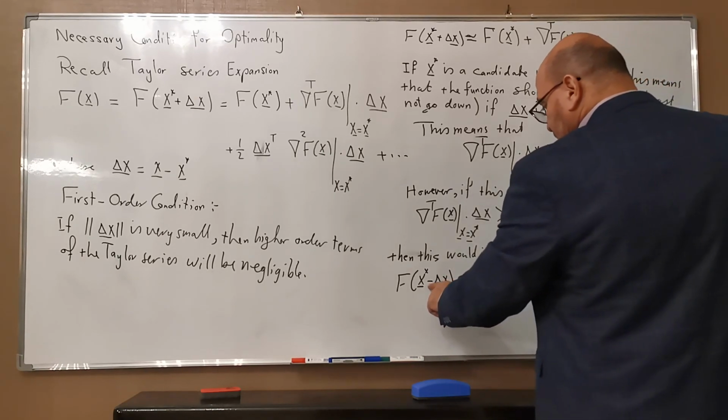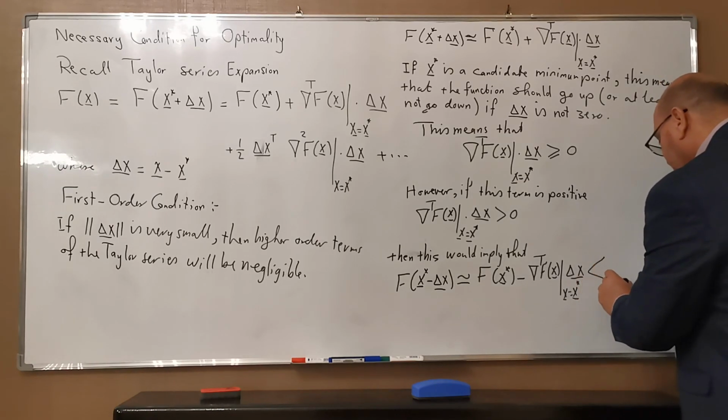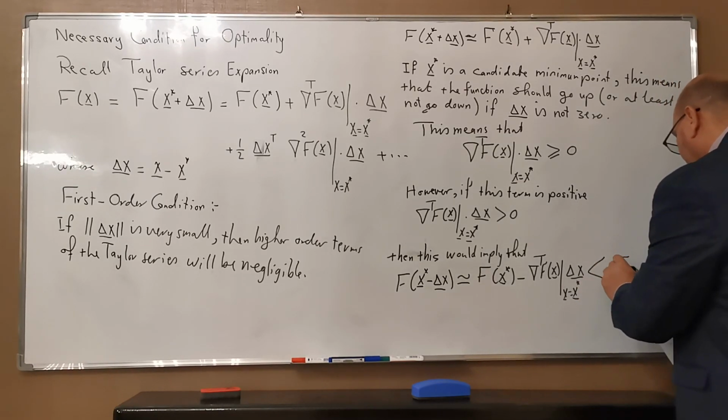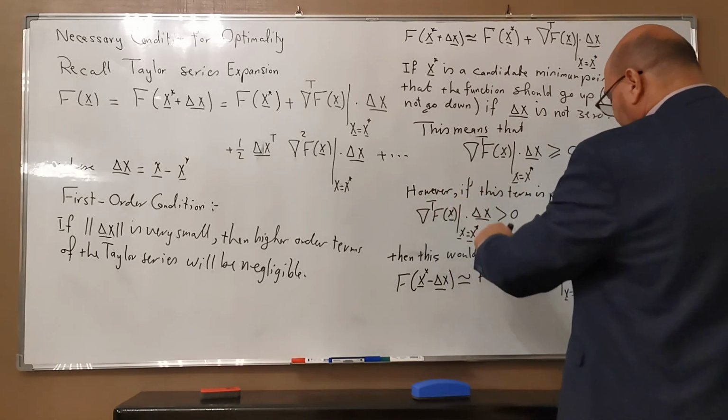So we introduce a minus delta x, so this is a minus. So this is supposed to be less than f of x star because this value is a positive value.